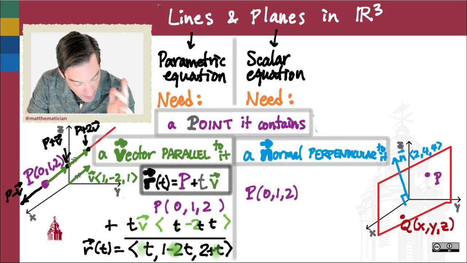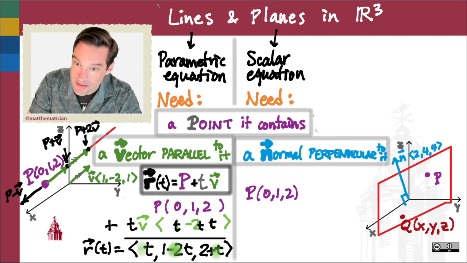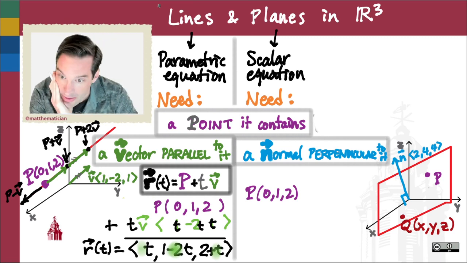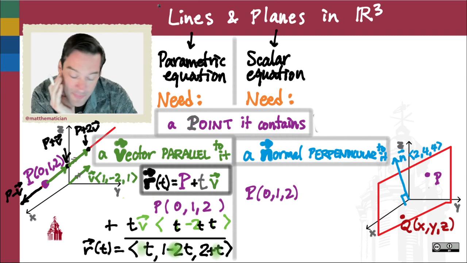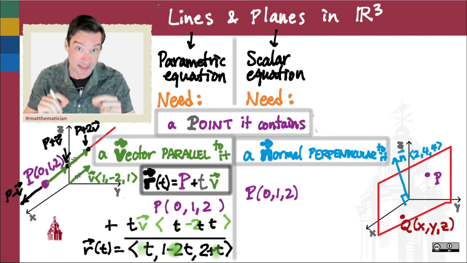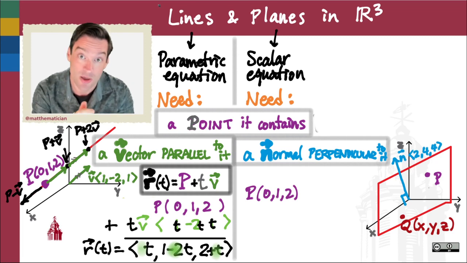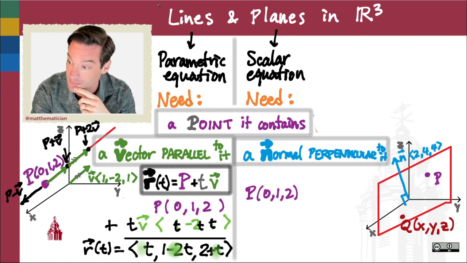So probably what I want to do here is come up with a way of using, well, let me say it this way. What vector operation that we learned today is really good at detecting when two directions are perpendicular to one another? What's the quickest way to tell whether two vectors are perpendicular?